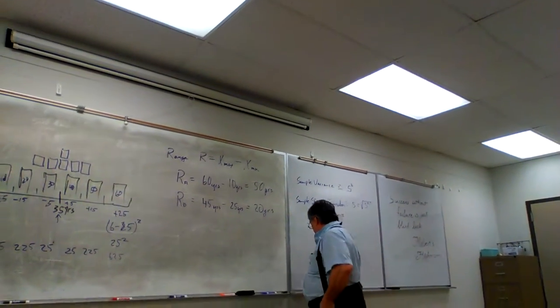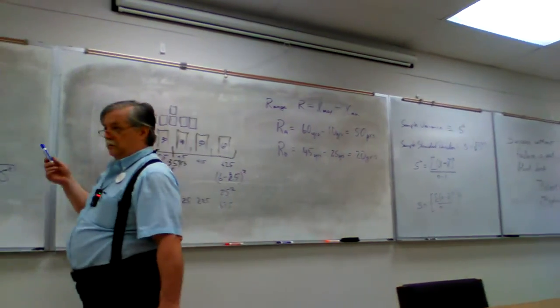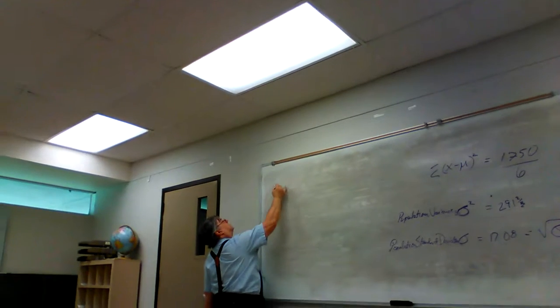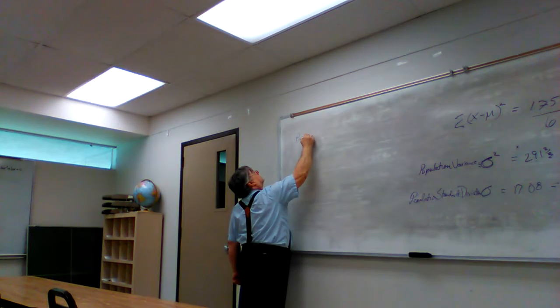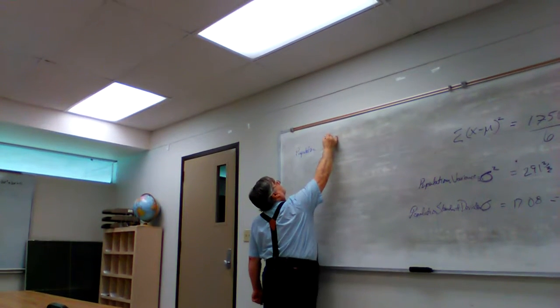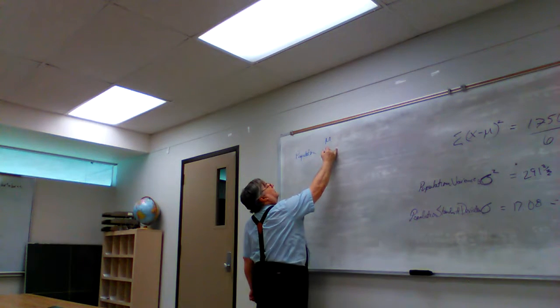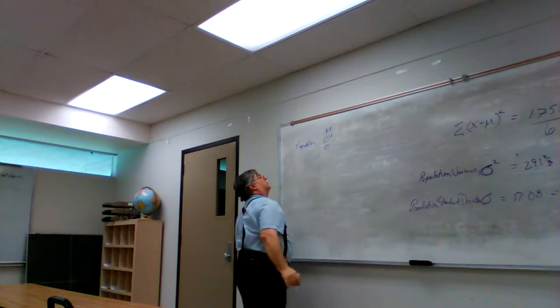Okay. Now I'm going to give you one more bit of information about this. We're in the book, and what I've just told you is that for the population, you have the mean, and you have the variance and the standard deviation.